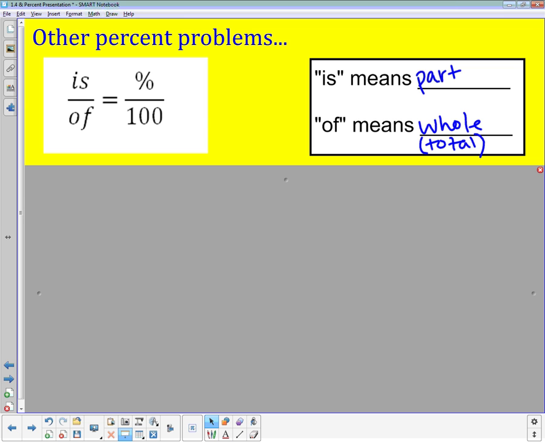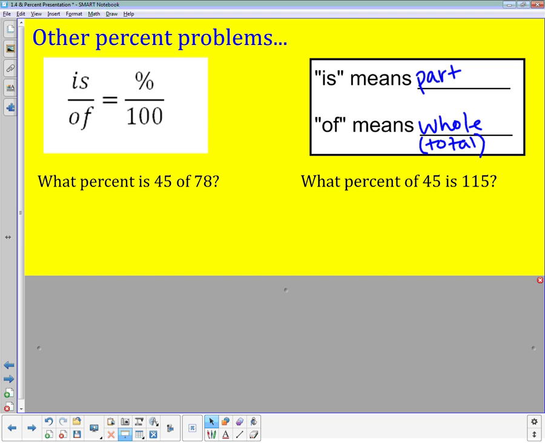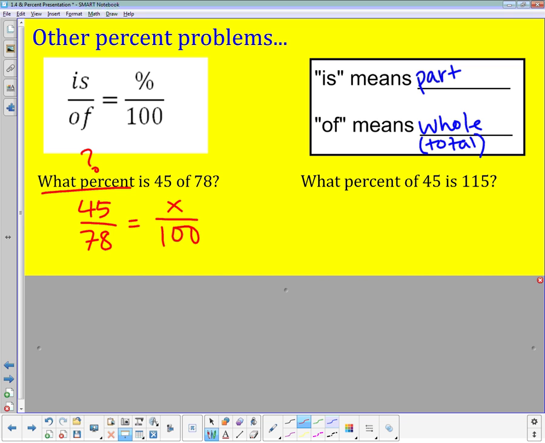So when I'm setting up that proportion, I have what percent of 45, what percent is 45 of 78? So is my part, that means 45 is my part. Of is my whole, so 78 is my whole. And the what percent is the question, which means that's like my variable. Percent's always out of 100.